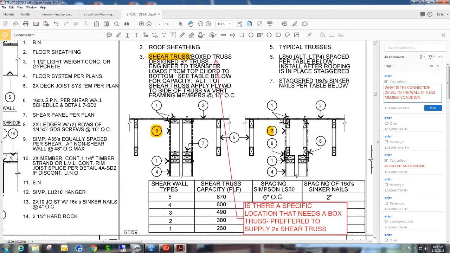I know this is the preferred method that we want to use and bid it at. Is there any specific locations that this needs to be a box truss? We're typically going to go with this condition, but if you can verify if this box condition is needed at which grid lines or unit.